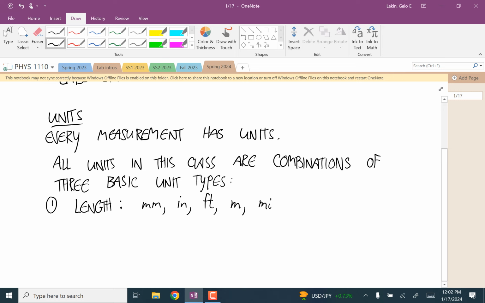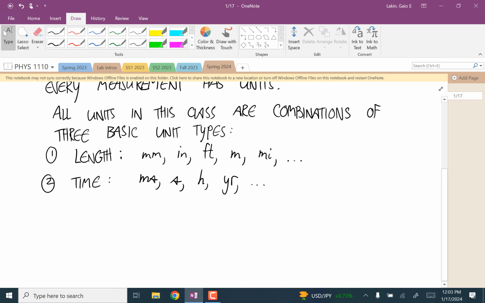The second type is time. And units of time can be milliseconds, seconds, hours, years, and so on. And then the last one is units of mass.